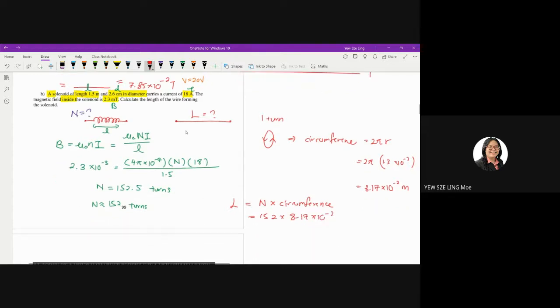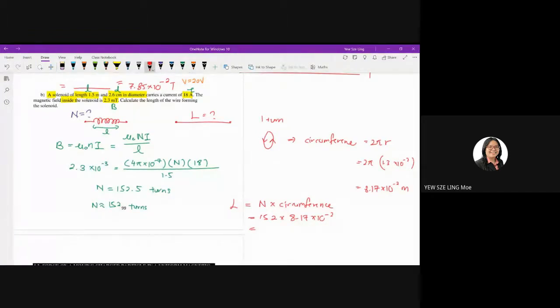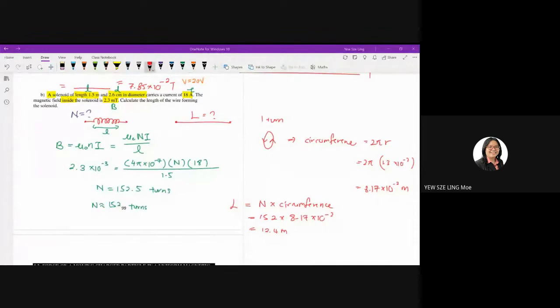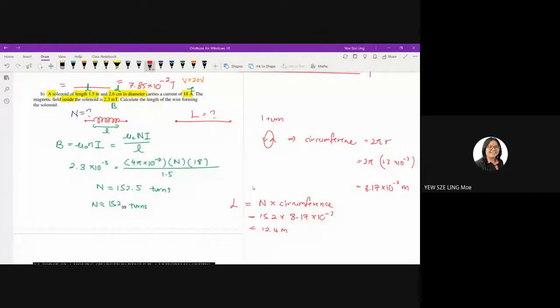So the total length needed to form the solenoid is 12.4 meter. This is the length needed to make a solenoid given in question B. So that is the final answer.